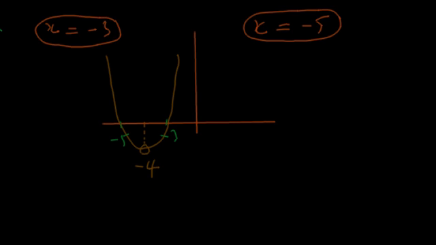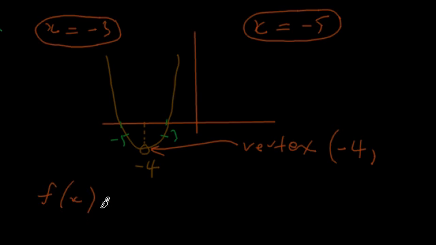And so the x-coordinate of our vertex is just -4. And what is our y-coordinate? Well, we're going to take that -4 and we're going to plug it into our quadratic function. f of x is equal to x squared plus 8x plus 15.